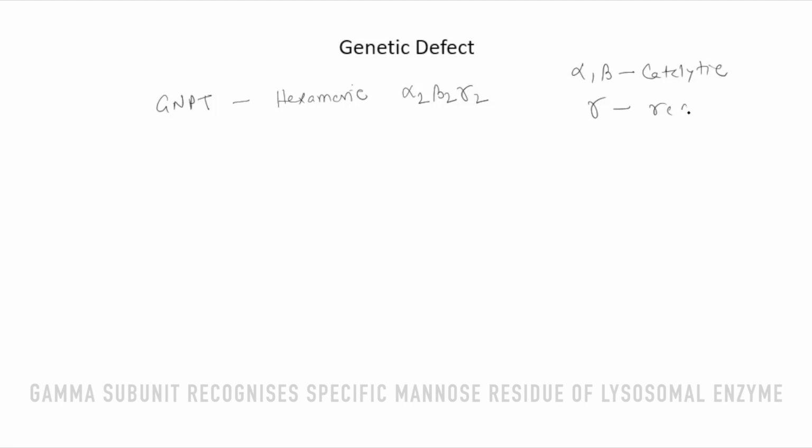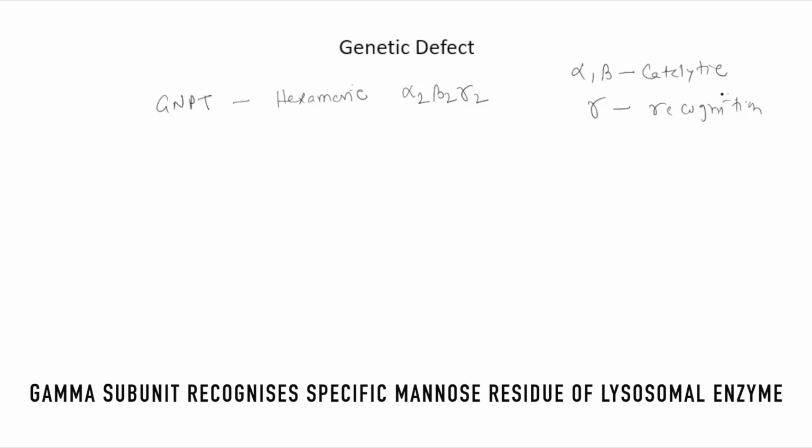So GNPT, N-acetyl glucosamine 1-phosphotransferase, is a hexameric protein consisting of 2 alpha, 2 beta and 2 gamma chains. The different subunits have different functions. Alpha and beta are the catalytic unit and gamma is for recognition.